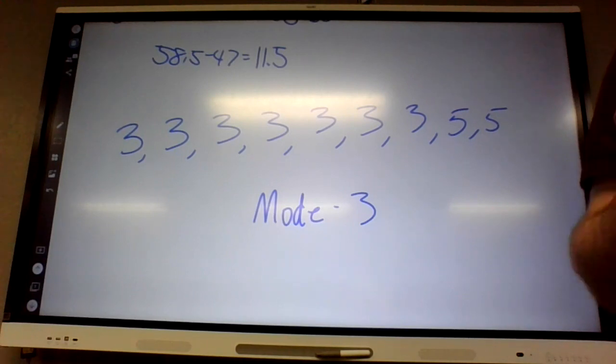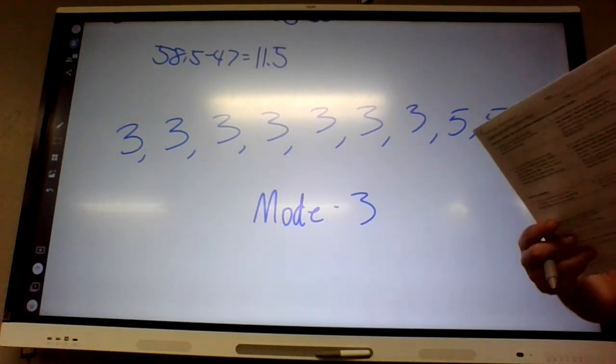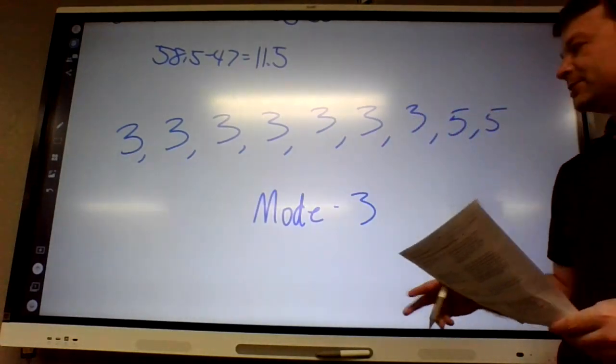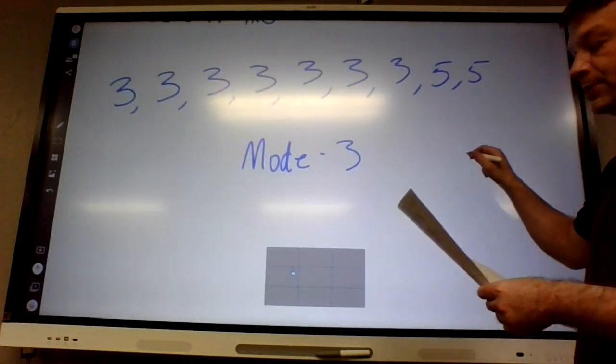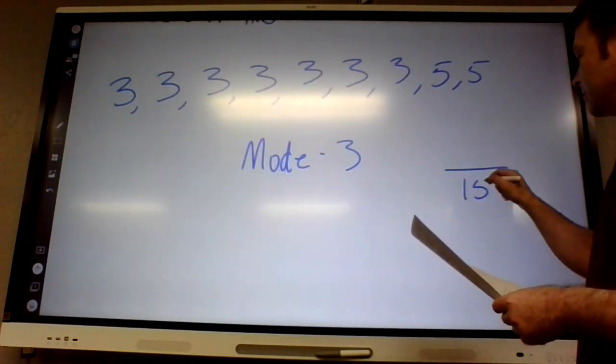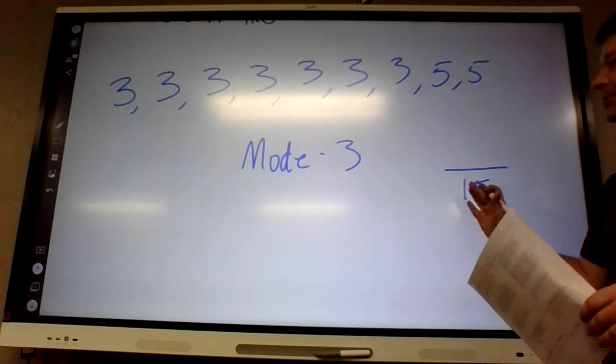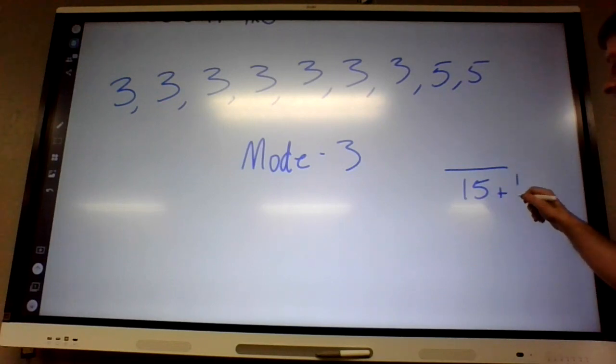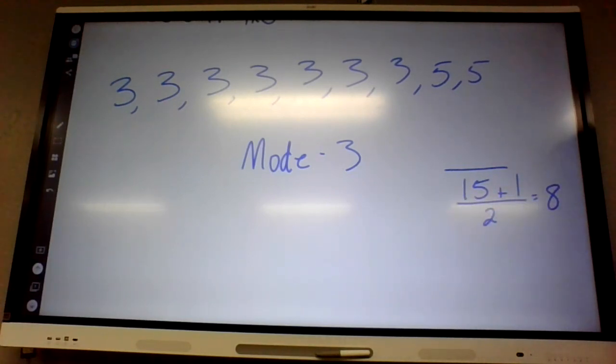If you add 7, 2, 2, 3, 1, you get 15 in the frequency column, which means they must have recorded 15 games. So if there's 15 games, which game would be the middle game? You basically just add 1 and divide by 2. It's the 8th game. Why do you add 1?